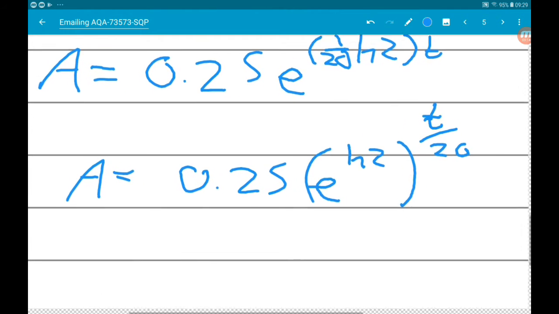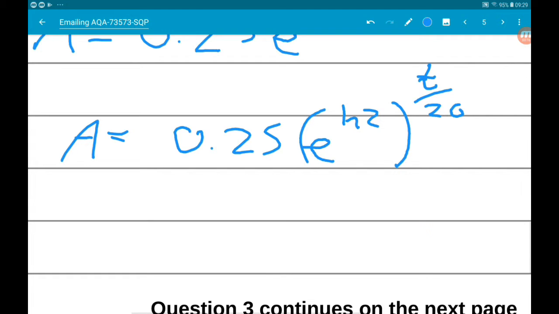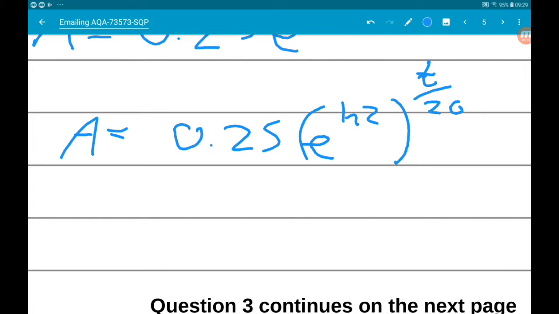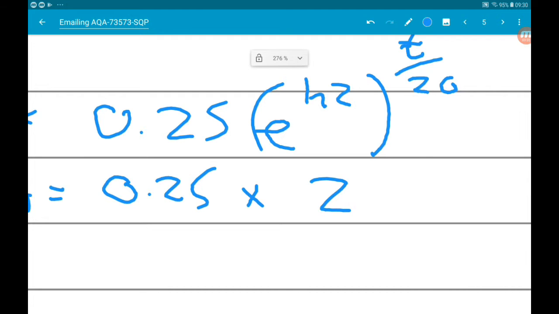Now, e to the log 2 is just 2. So, A is equal to 0.25 times 2 to the t over 20.